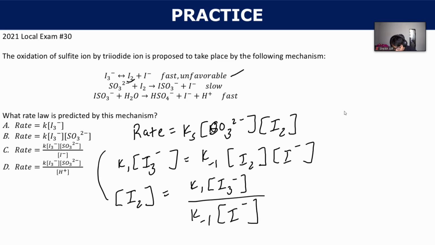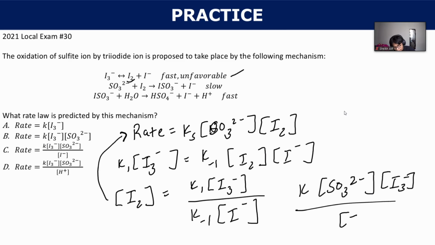Now, if you plug I2 into the slow step rate law, you're going to get it's going to equal K times SO3 2 minus times I3 minus, over I minus, and that is going to be answer choice... which one is it? Answer choice C, right here, and that is the right answer.